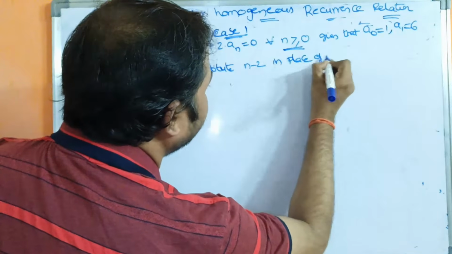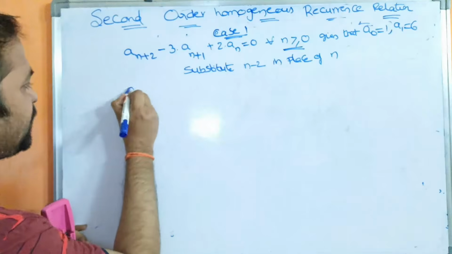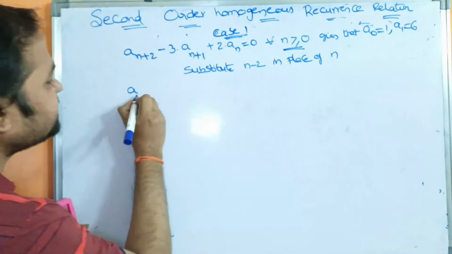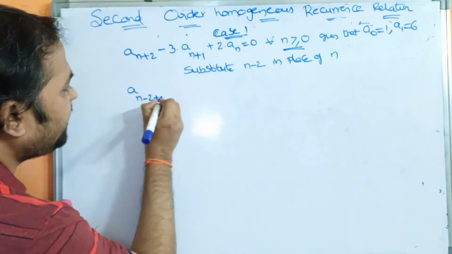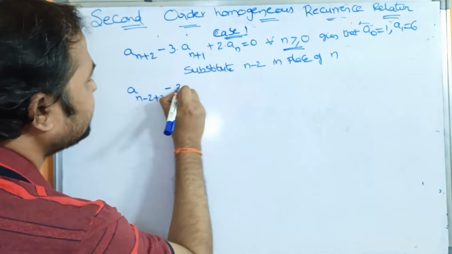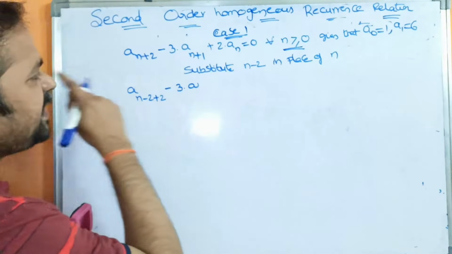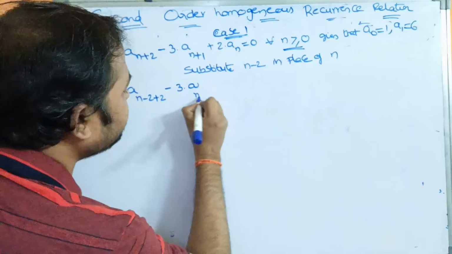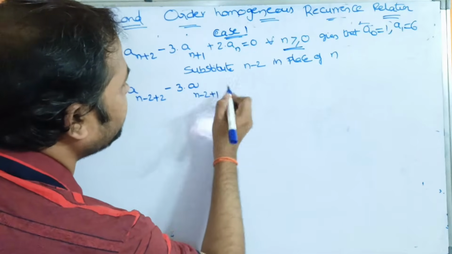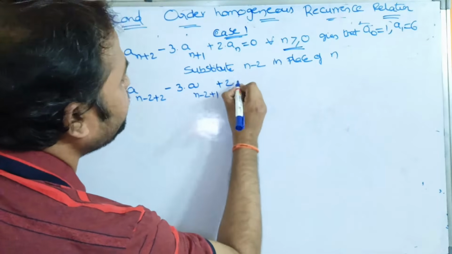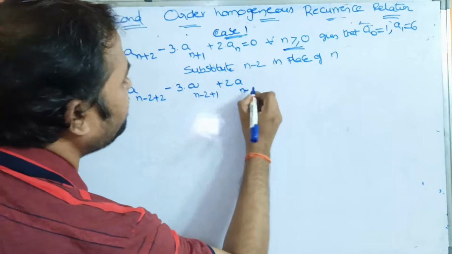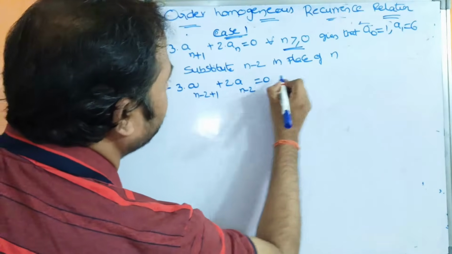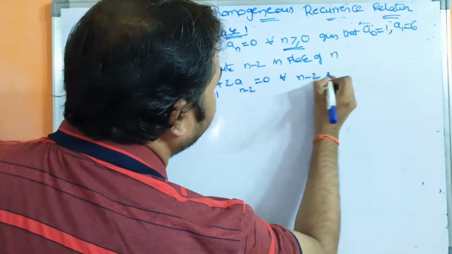So a_(n-2+2) minus 3 into a_(n-2+1) plus 2 into a_(n-2) is equal to 0 for all n minus 2 greater than or equal to 0.